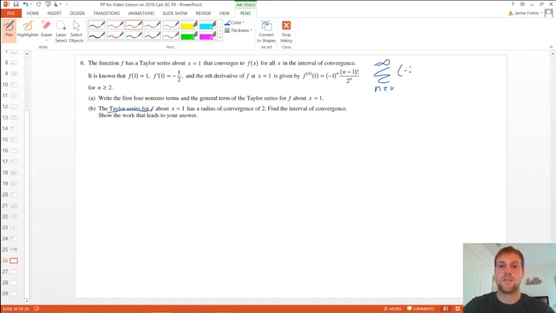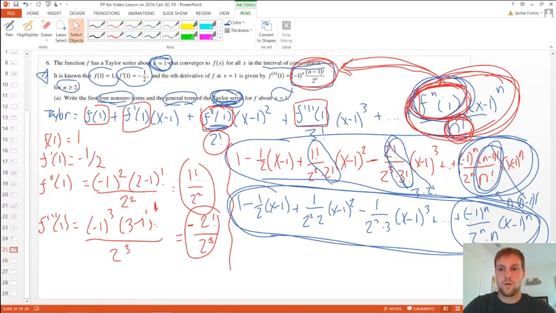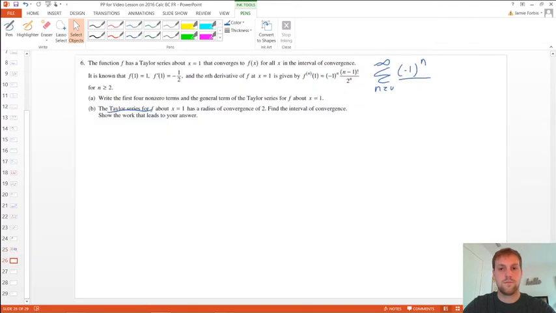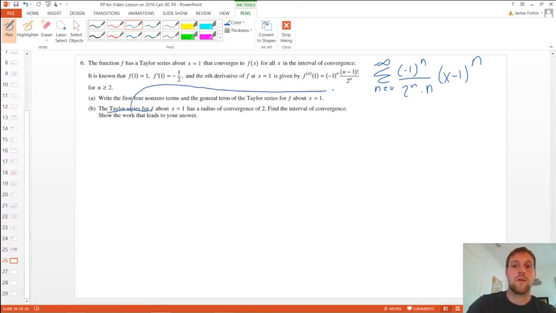It was the alternating piece, negative 1 to the n, over 2 to the n times n, times x minus 1 to the nth. So that's what it simplified down to in part A. This is the Taylor series for f about x equals 1.